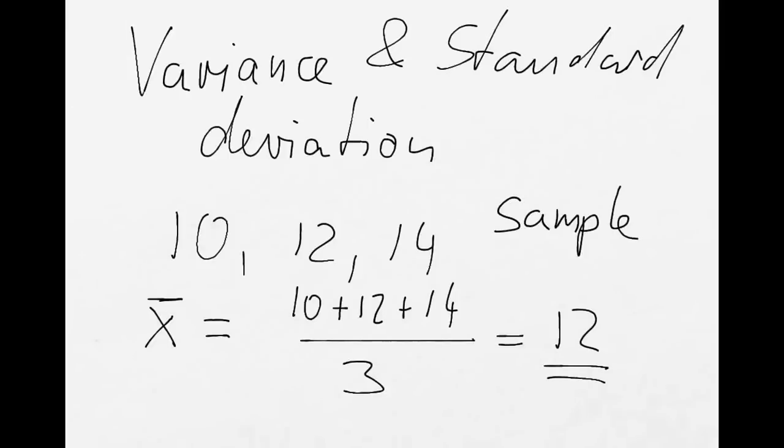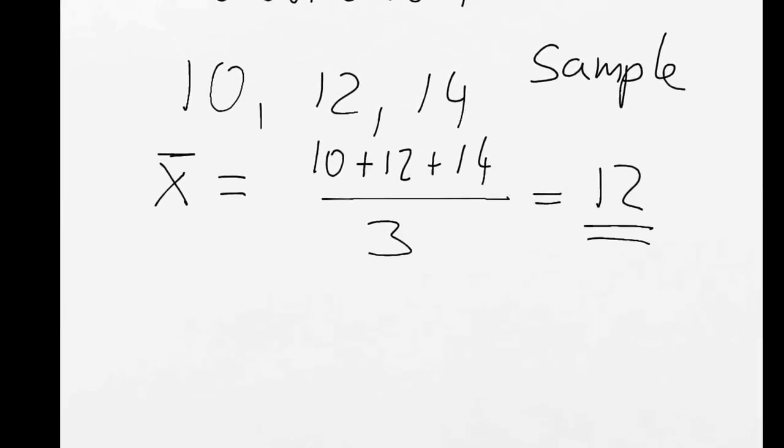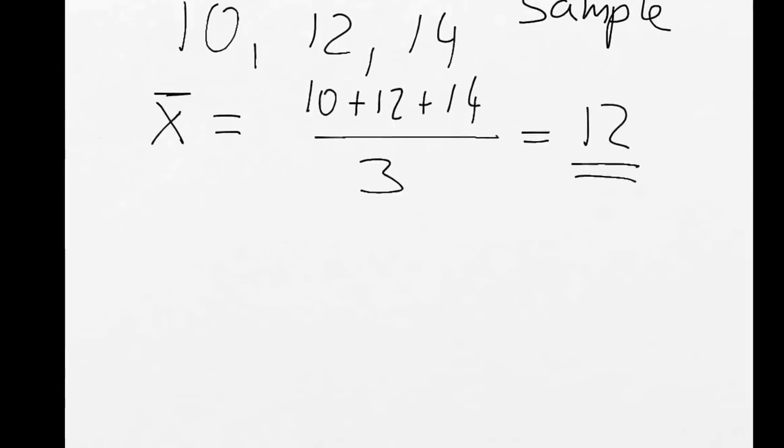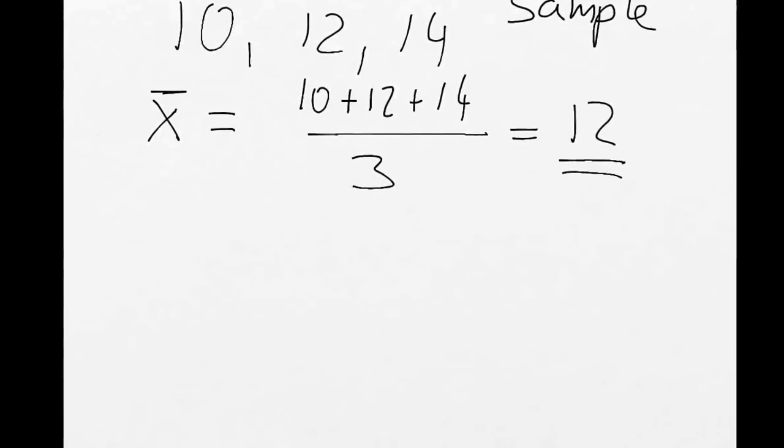And now to check out how far they are spread out, what I can do is for each data point, I can measure the distance between the data point and the mean. So if I depict it, we have 10 here, we've got 12 here, we've got 14 here, and I measure for each data point how far they are away from the mean.